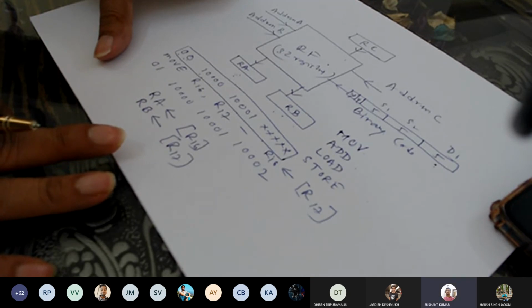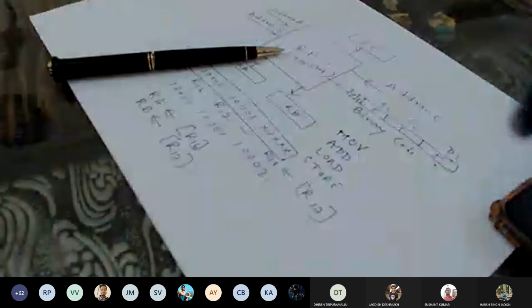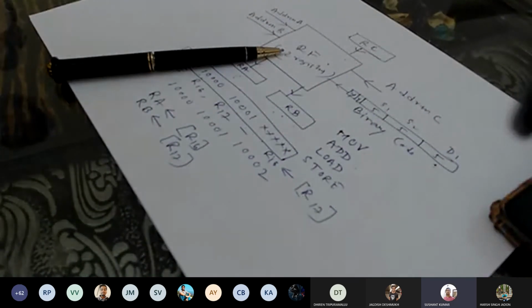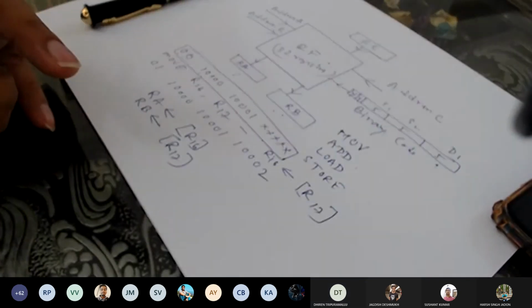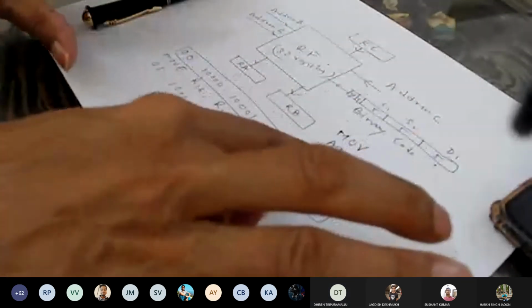Yes, sir. So accordingly load and store we can do it, and we can follow our own convention, right? Right, you can follow your own convention. There is no actual addition or actual load store happening.